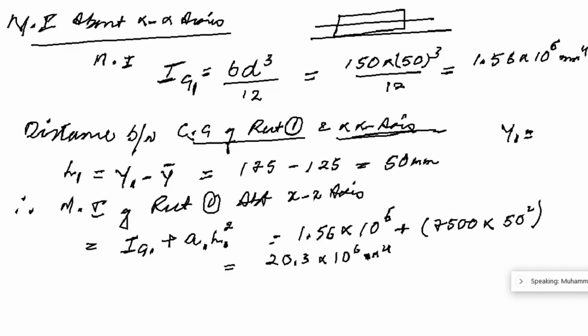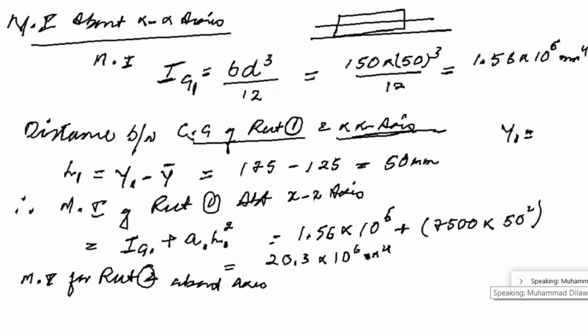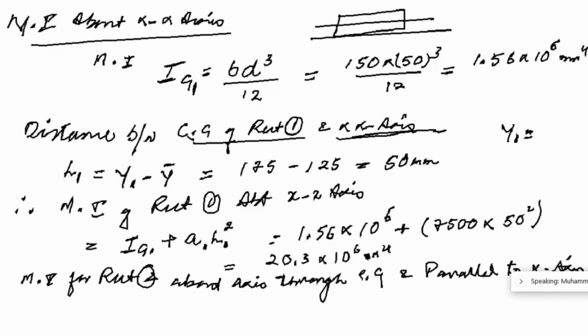Similarly, when we have to calculate the moment of inertia for rectangle 2 about an axis through center of gravity and parallel to x-axis, that is again IG2.